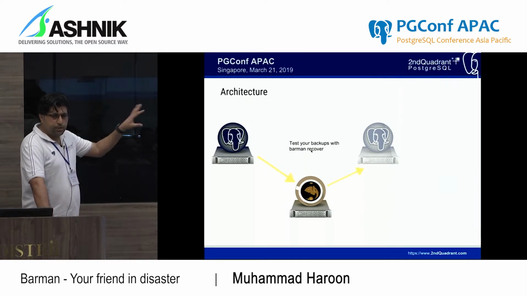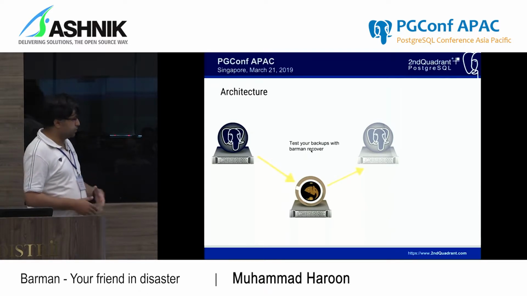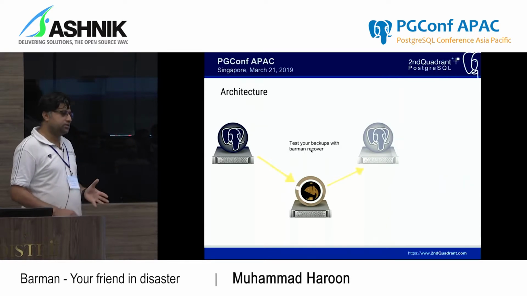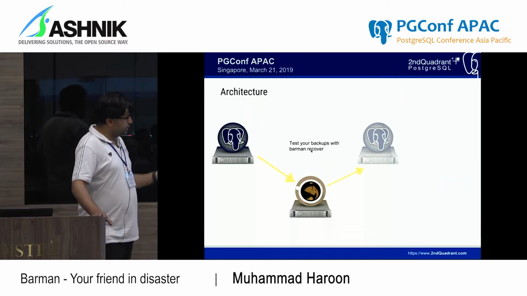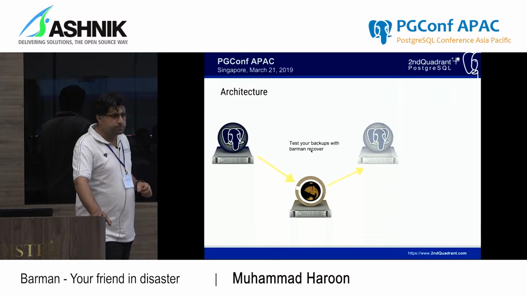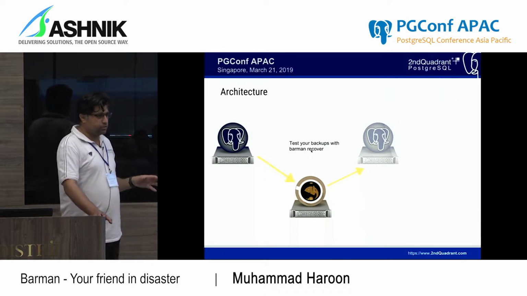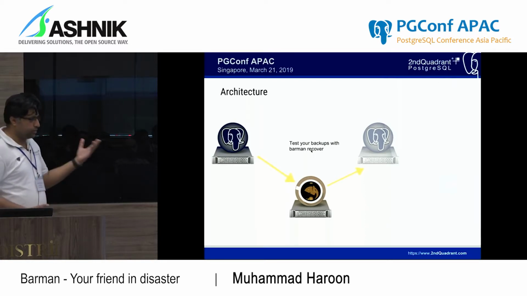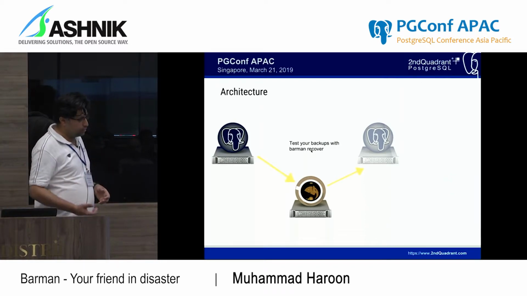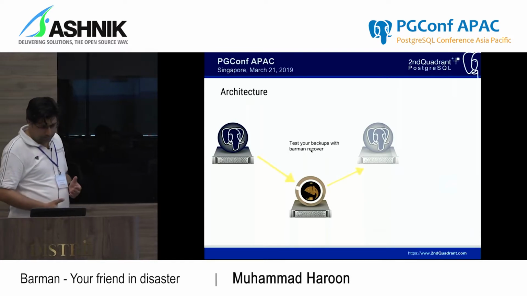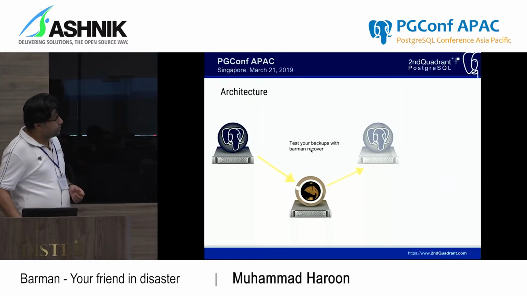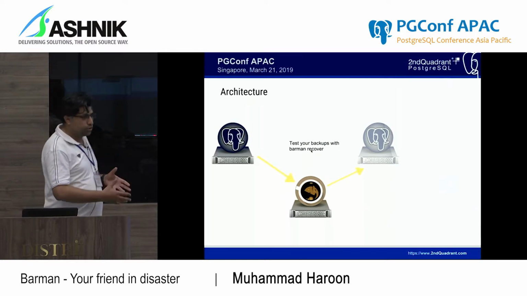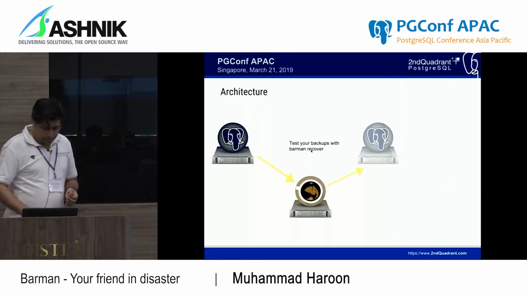The picture here reflects a basic architecture where you have a server which is running PostgreSQL. Barman takes the backup and the continuous backup automatically and then restores it to a different server. And that server, although it looks redundant in the picture, you can use it for a lot of other purposes. You could use it for analytics, you could use it for BI, you could use it for a lot of other stuff within the organization. It will serve the purpose. But the important purpose that it is serving here is making sure that your backups are actually healthy.